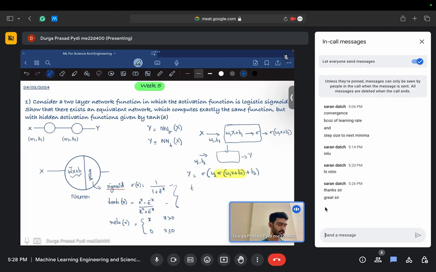So I can write tanh as, maybe can I write it as this? I'll just divide everything by e power minus 6, or maybe I'll divide by e power plus 6, whichever is your way.